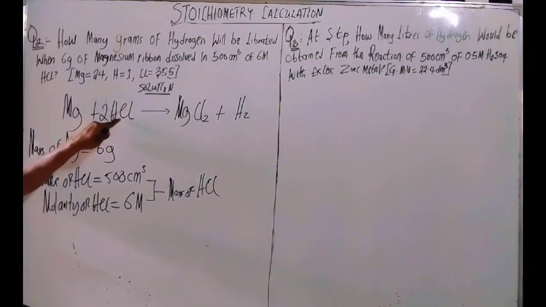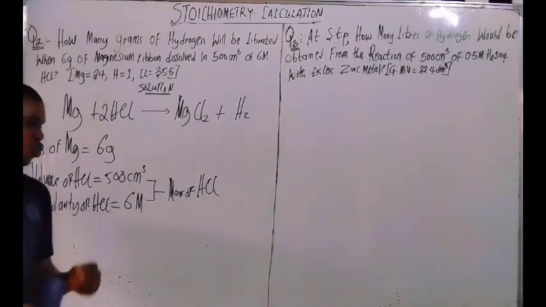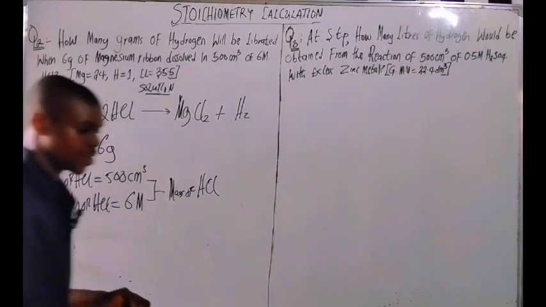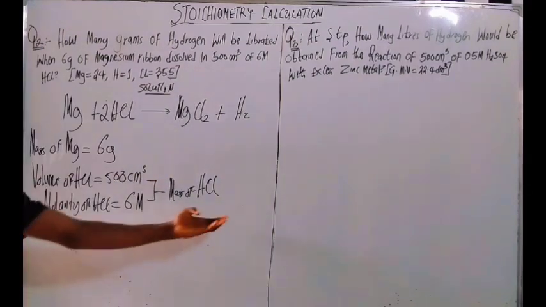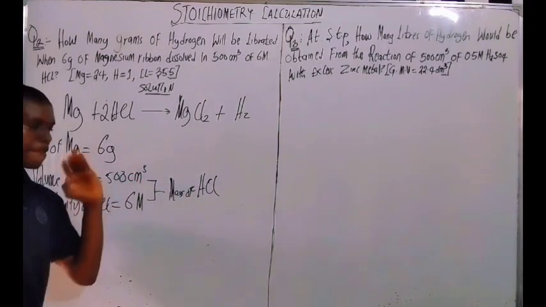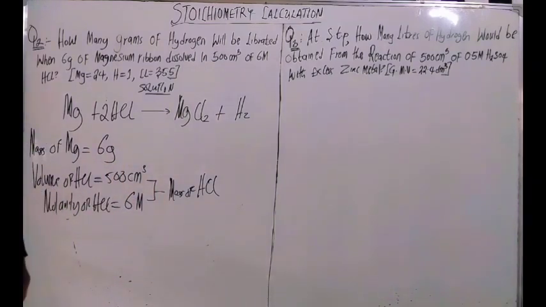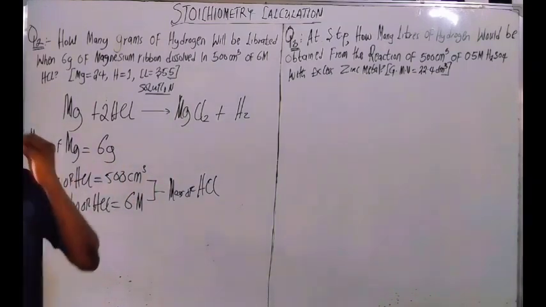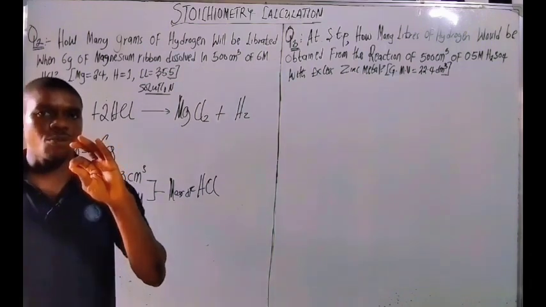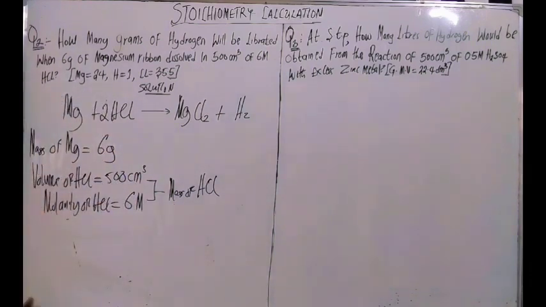So now how do we get the mass of HCl? We want to use this parameter to get the mass of HCl. Just that. In my mole concept calculation video, I've given you a simple formula that can explain that for you.